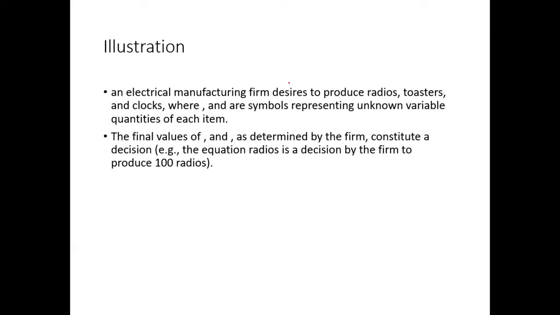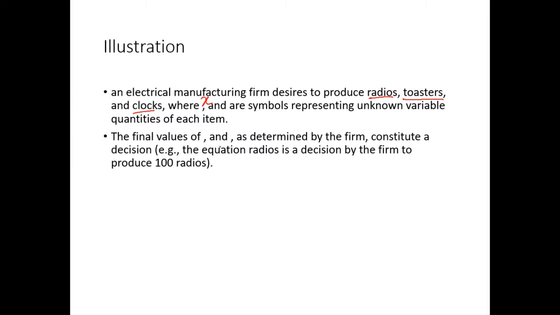An electrical manufacturing firm desires to produce radios, toasters, clocks. So this is the problem, starting by telling that there are products to be produced, where R, T and C are symbols representing unknown variable quantities of each item.